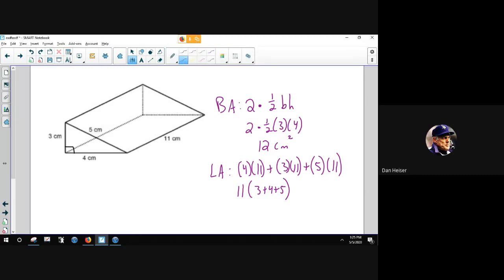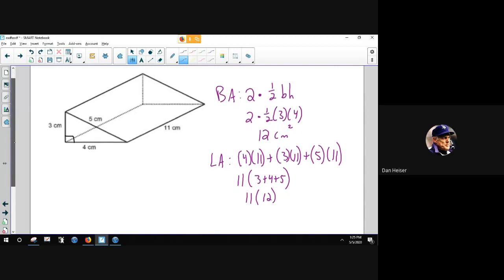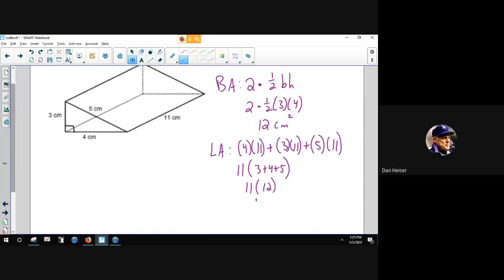So this comes out to be 11 times 12, which I believe is 132 square centimeters. There's our lateral area, the area of all the walls. Now we just have to put this together.